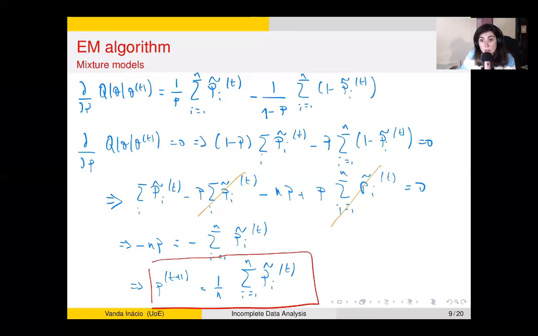Now I will derive the updating equations for mu1 and sigma 1 squared.